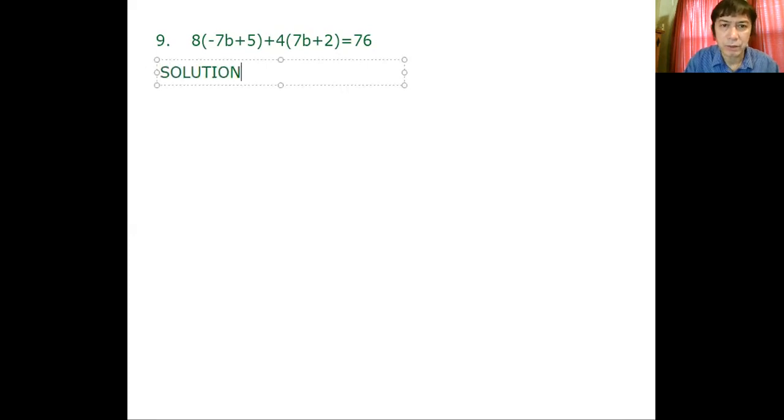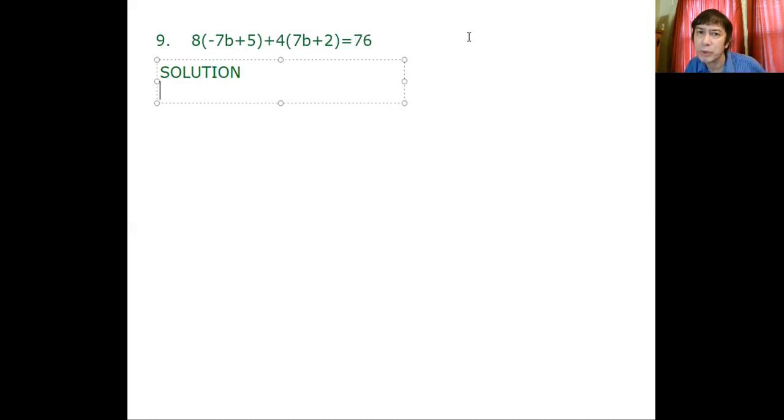We usually write the word solution first to indicate it's the solution, and then we shall try to figure out what we can do to make the solution simpler. You can see here by observation, this is 8, this is 4, and this is 76.